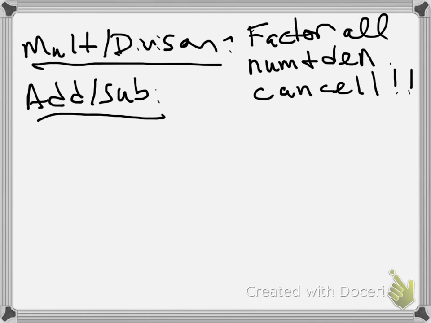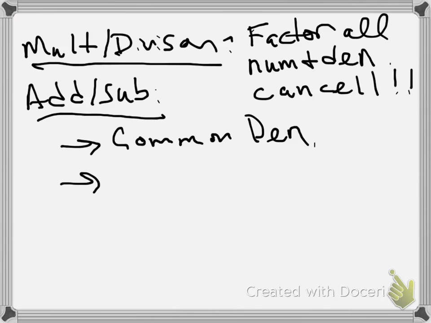But with addition and subtraction, if you remember how you add and subtract fractions, you have to focus on common denominators. That's when you need the same denominator. So common denominators is what you need to focus on when you add and subtract, and once you get common denominators, then you can simplify from there.